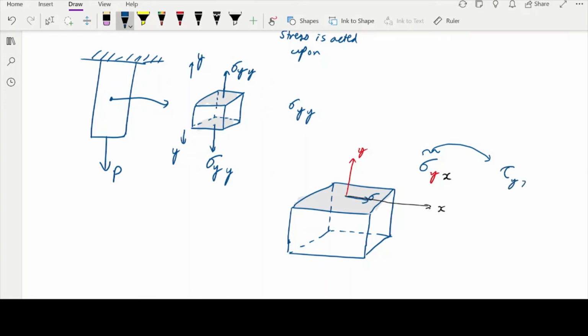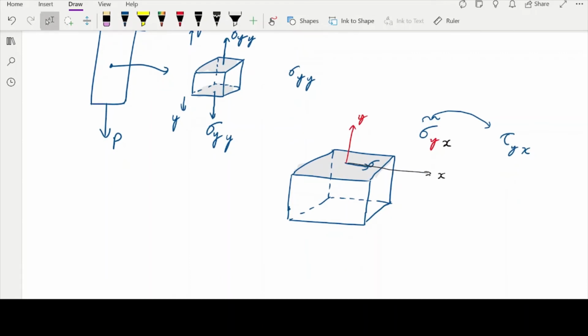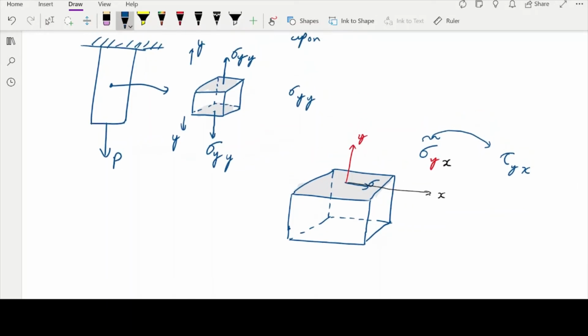So tau yx. And shear stresses always act in pairs, right? All stresses always act in pairs. There's a sigma yy in the corresponding opposite plane as well, right? So to balance this stress, the opposite direction stress is like this.